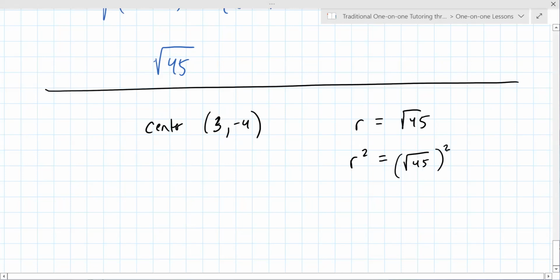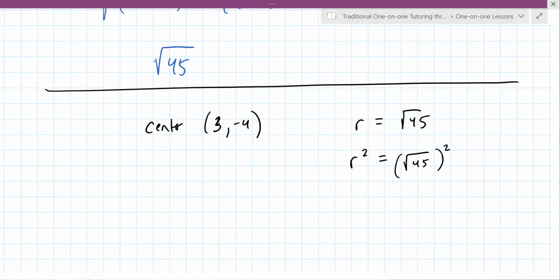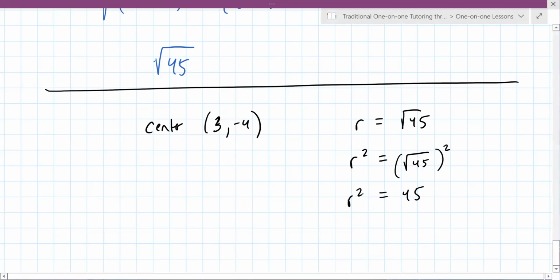It's going to be the same. It becomes 45. Okay, so I want you to write the equation of the circle given this information.